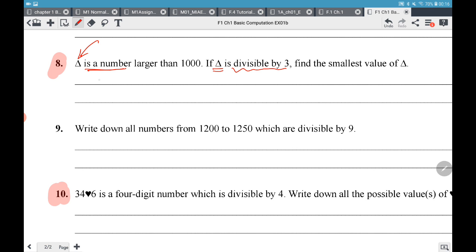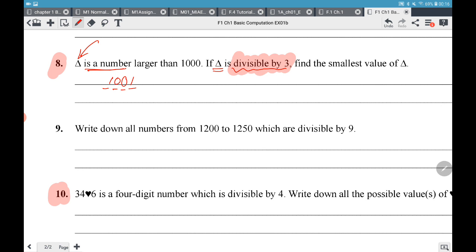We should understand that. The number is more than 1000, which means at least 1001. And then it should be a number that is divisible by 3. Therefore, we need to think about the sum of all digits. 1 plus 0 plus 0 plus 1 is equal to 2. That is not divisible by 3.